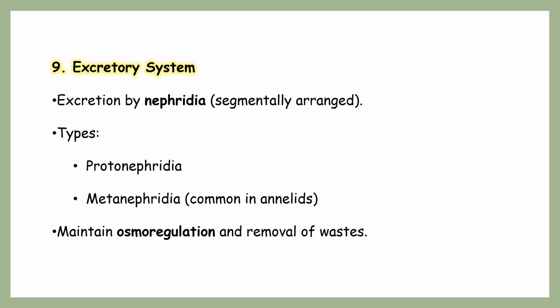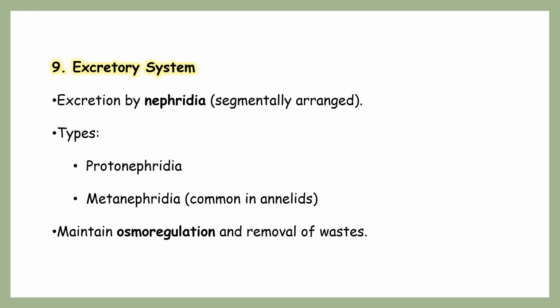Coming to the excretory system, for excretion, annelids have developed highly arranged excretory organs known as nephridia, which are present systematically, segment-wise. For each segment, a pair of nephridia is present.